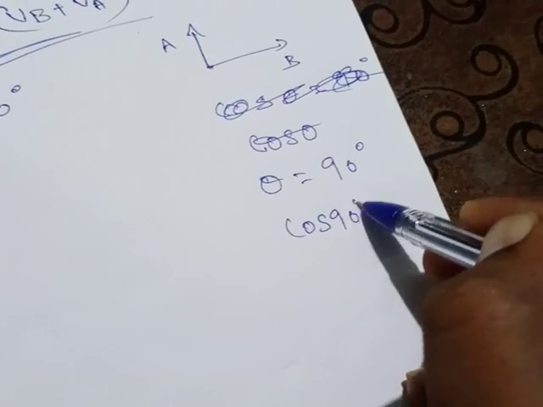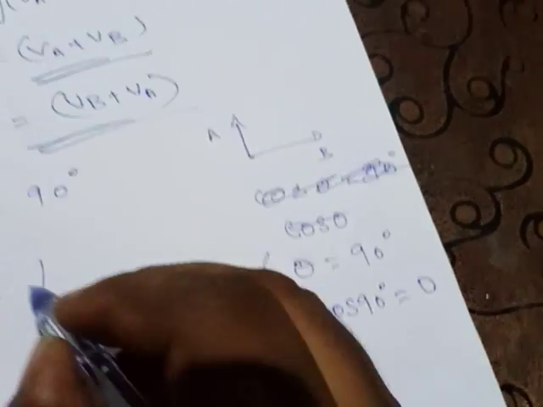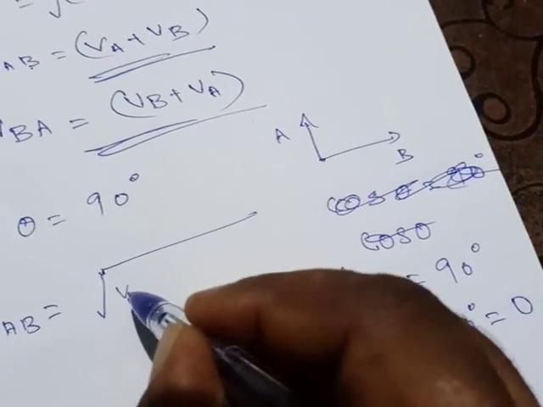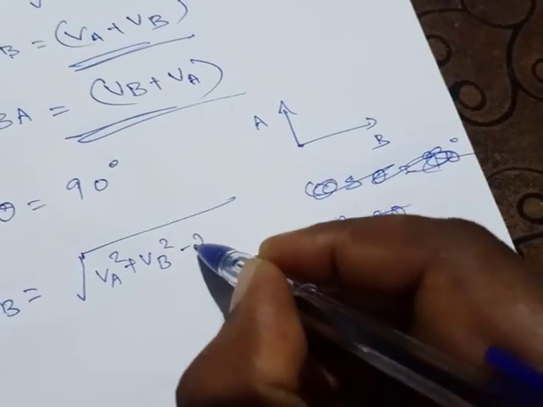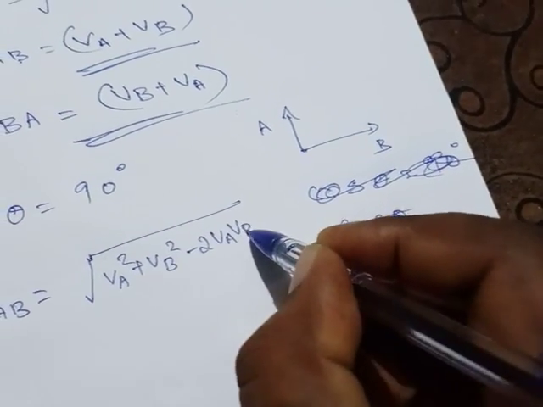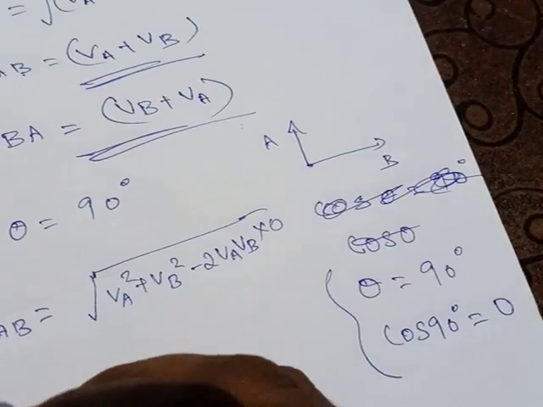Cos 90 degree is equal to 0. So in the formula, VA square plus VB square minus 2 VA VB into 0, this whole term becomes 0.